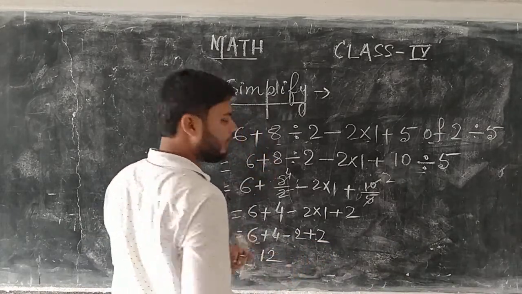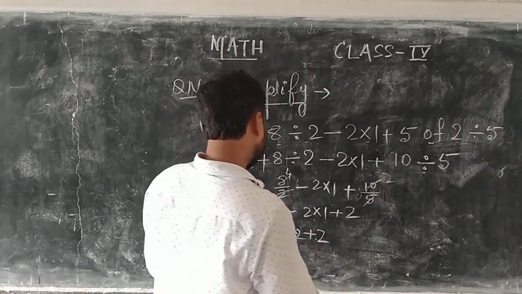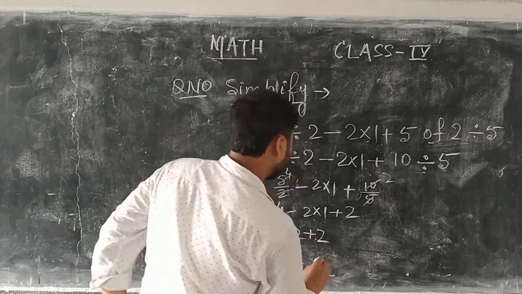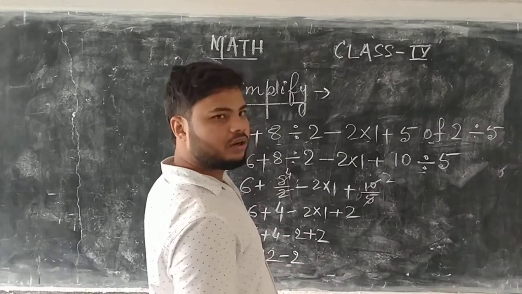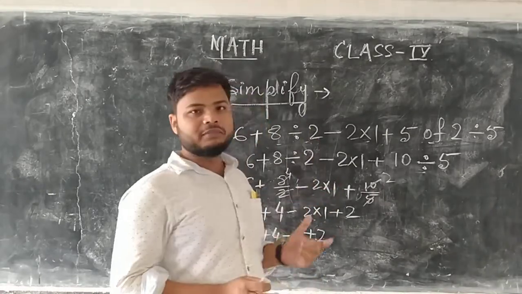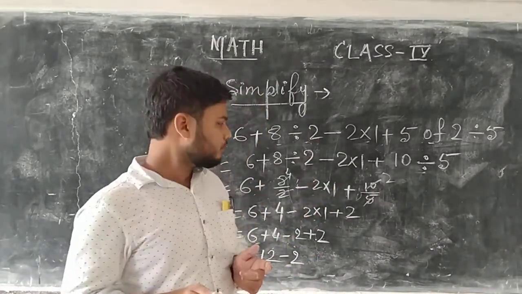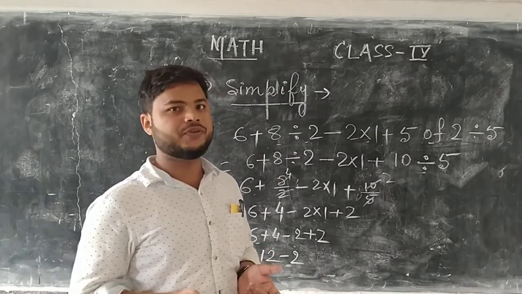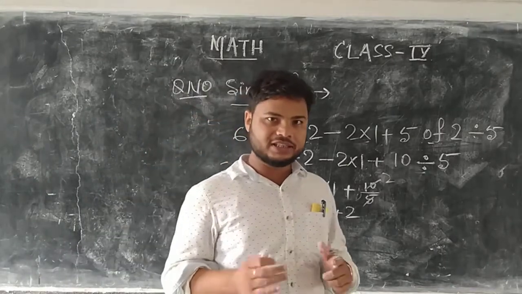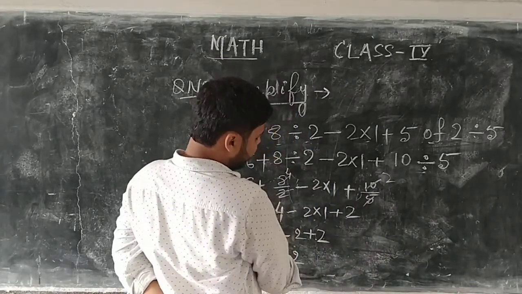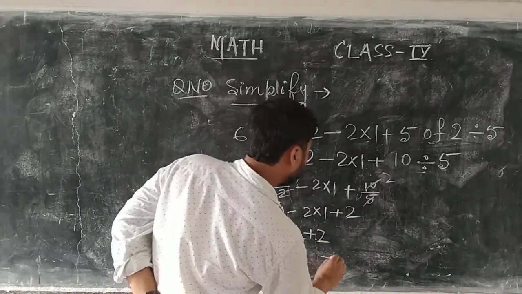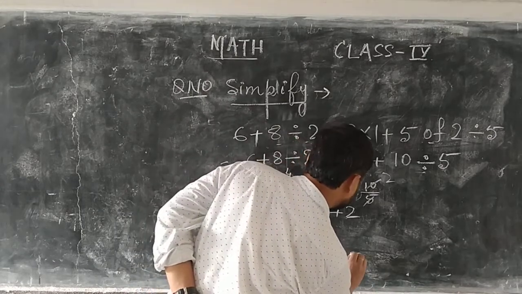All the addition is completed, and the last operation is subtraction. In BODMAS the last operation is subtraction. After subtracting 12 minus 2, we get 10.